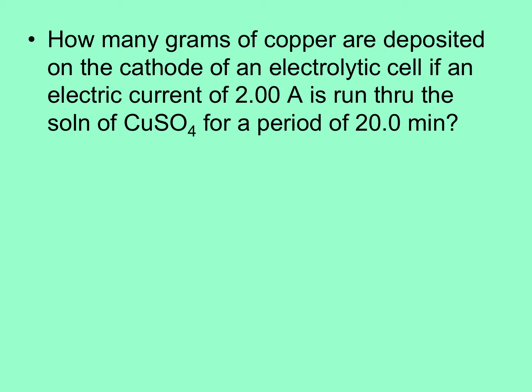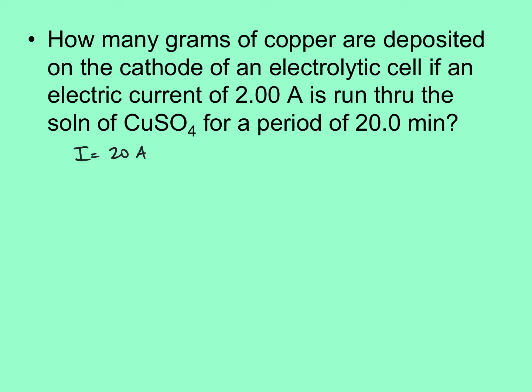As we look at this problem, the question is asking you how many grams of copper are deposited on the cathode of an electrolytic cell if an electrical current of 2 amperes is run through a solution of CuSO4 for a period of 20 minutes. So we know that the current is I, and that equals 20 amperes.